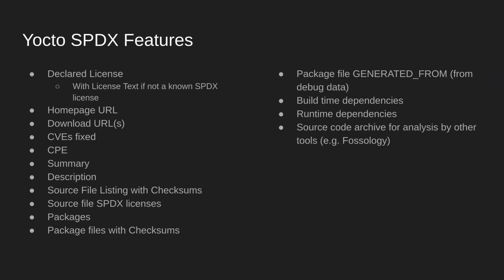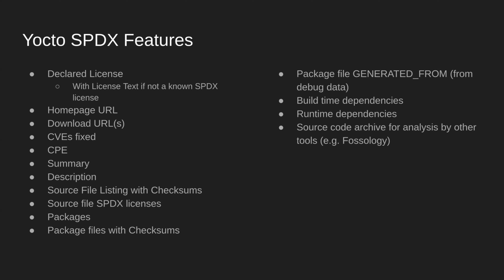So, some of the SPDX features that we are supporting. Currently, we have declared licenses, the homepage URLs, the download URLs, CVEs fixed, and the summaries and descriptions. A lot of these are, again, straight from the metadata, so it's fairly straightforward what they are. We can generate the list of all the source files that came from the upstream source code with their checksums.